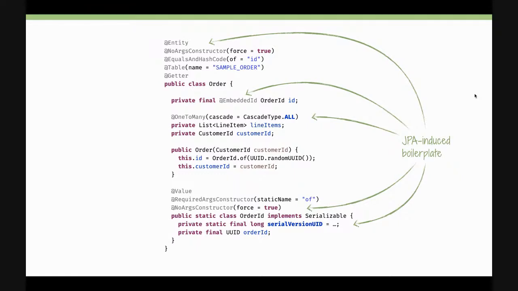Because I want to point at one thing here, that a lot of these mappings that we have to define here, and especially I want you to look at the line items property, a lot of these mappings are an implicit expression of the aggregate nature of Order. Let that sink in for a moment.